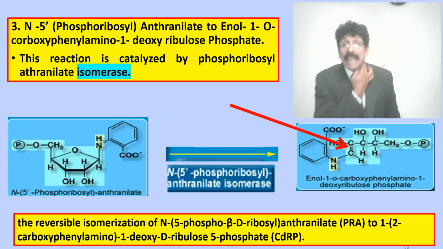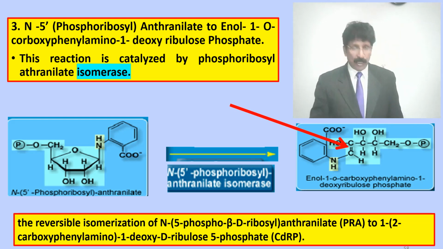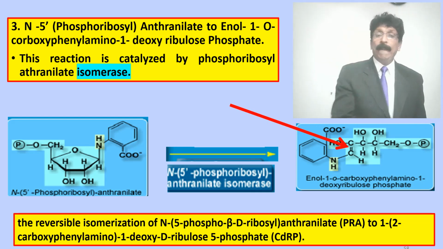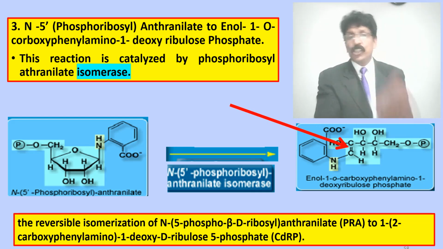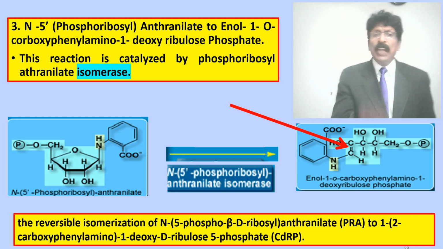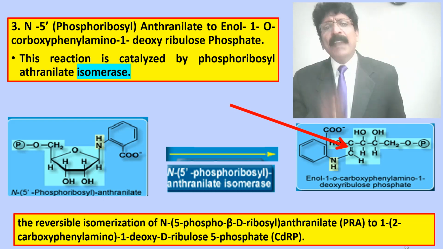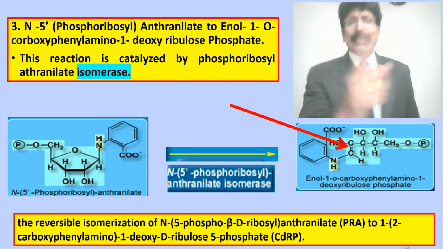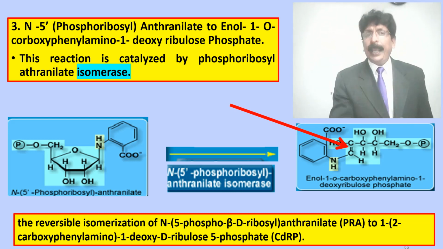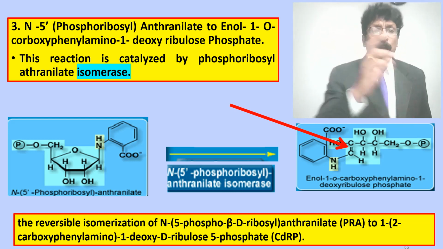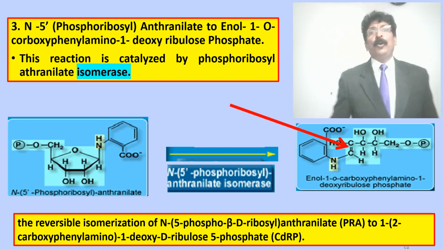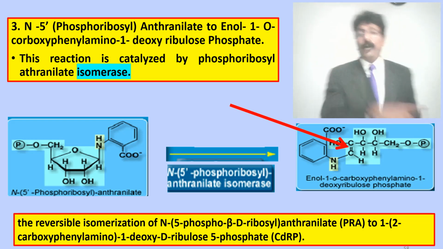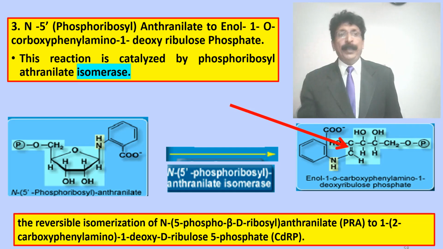The enzyme used is an isomerase, N5-phosphoribosyl anthranilate isomerase. The reversible isomerization of N5-phospho-beta-D-ribosyl anthranilate, PRA, to 1-(2-carboxyphenylamino)-1-deoxy-D-ribulose 5-phosphate, CDRP. This is the third step.